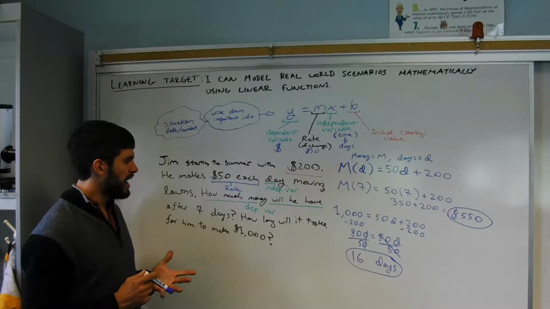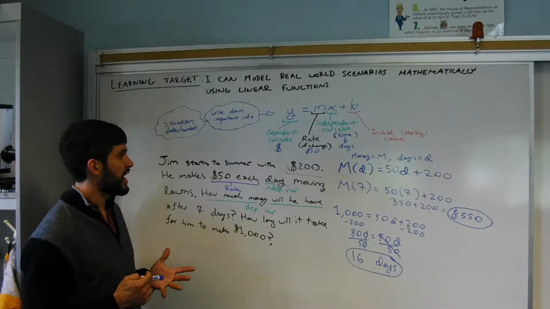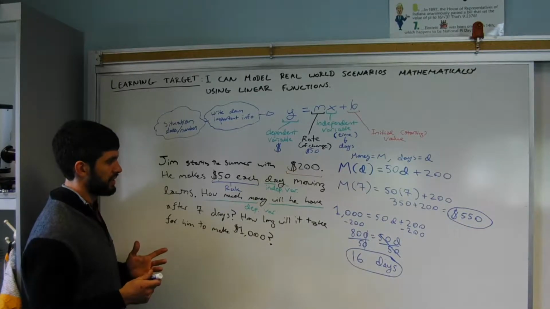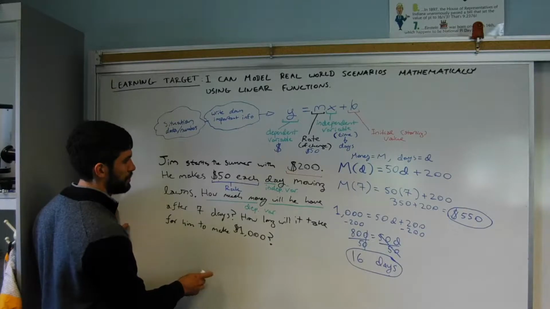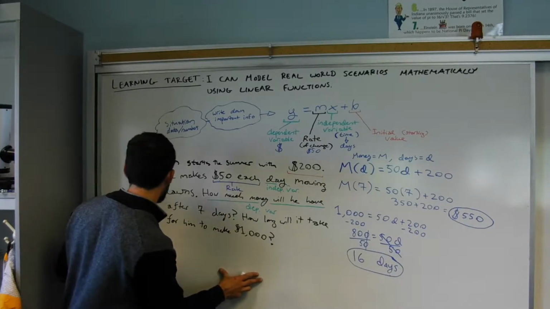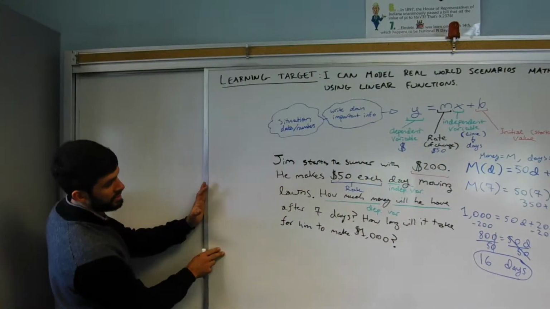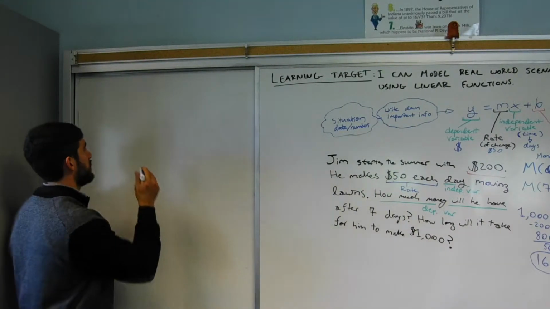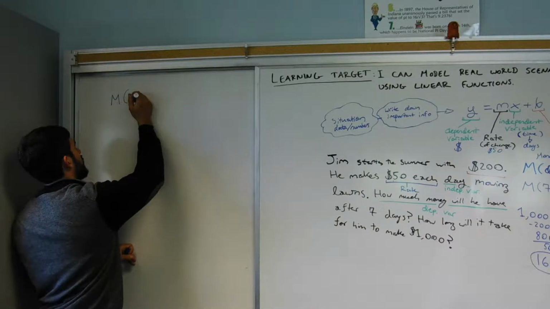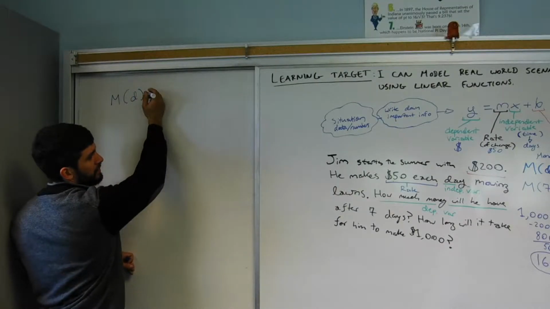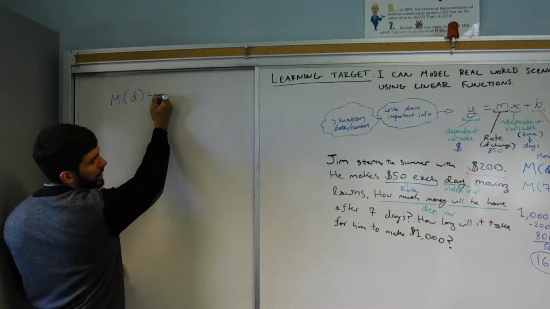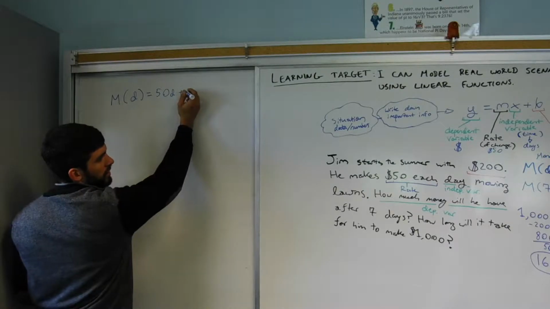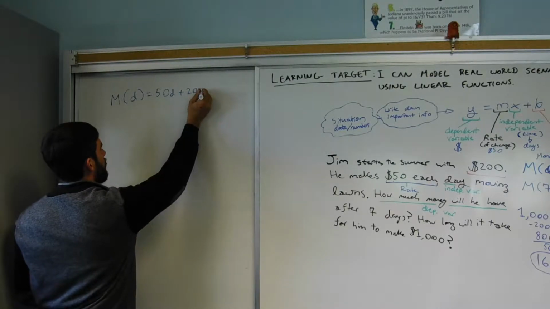So now, suppose we wanted to graph this function. That's often something that you'll be asked to do. So I'm just going to move this a little bit over to the side. And in case it's off the screen, I'll write down our function again. M of d is equal to 50d plus 200.